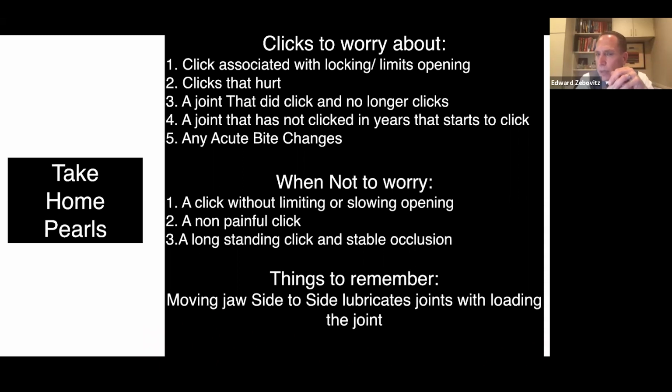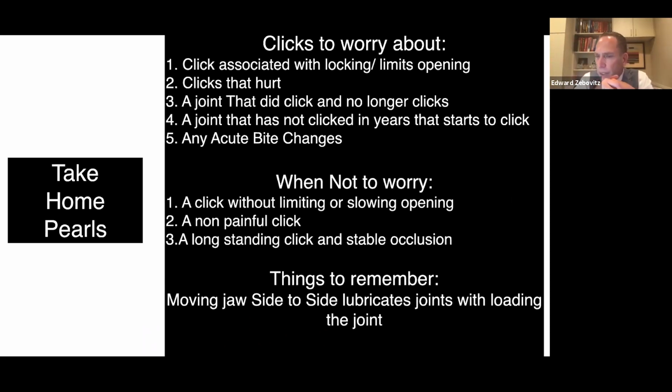And then the ones not to worry about is a click without limitation, or slow opening, because slow opening means that joint mechanically is not running smooth. So if you can open quickly, it goes very smoothly, then you're golden. Do what you need to do.